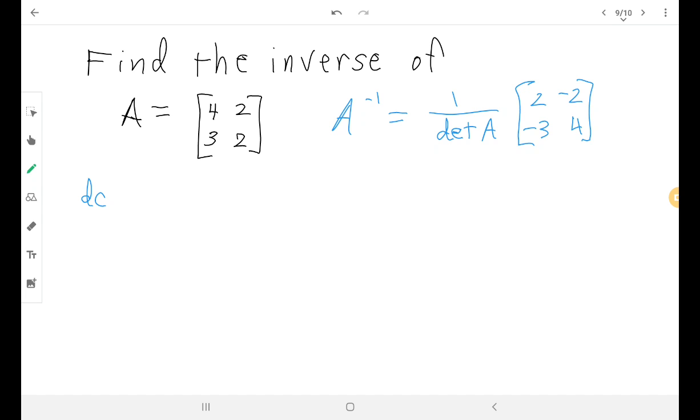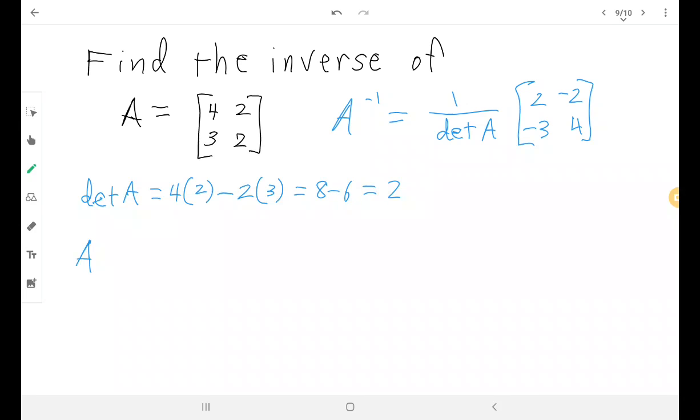So I need the determinant of A before I can do anything else. So that looks like 4 times 2 minus 2 times 3, which is 8 minus 6, which is 2.